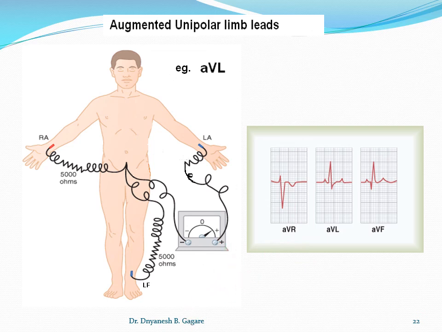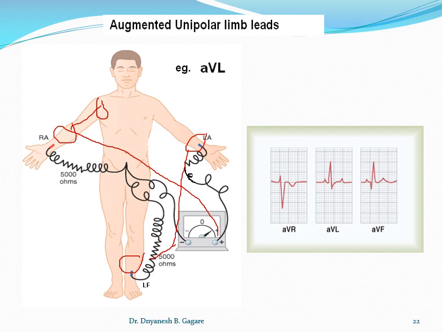In AVR, in this combination, our exploring electrode is at the right arm, and the remaining two points are connected to the negative terminal. Right arm means here, like this.